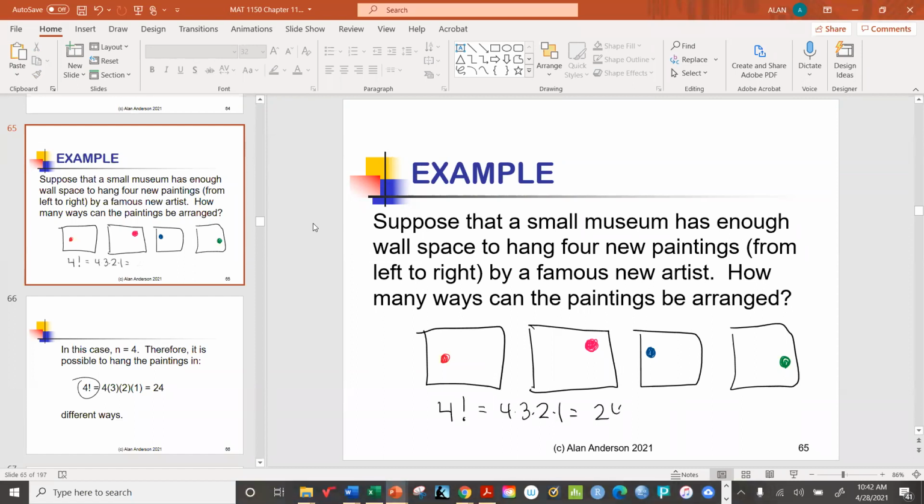So in other words, the museum could potentially hang these paintings in 24 different ways. Now, it's possible that the artist meant for them to be in a certain sequence, and then that changes everything. But if not, we can hang them in 24 different ways because there's 4 objects and 4 factorial is 24.